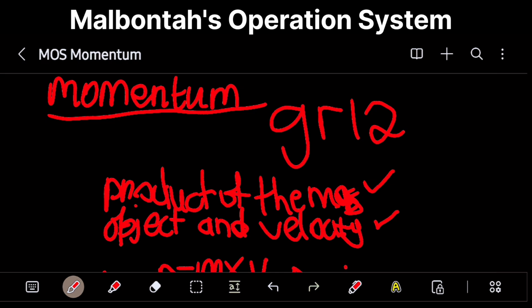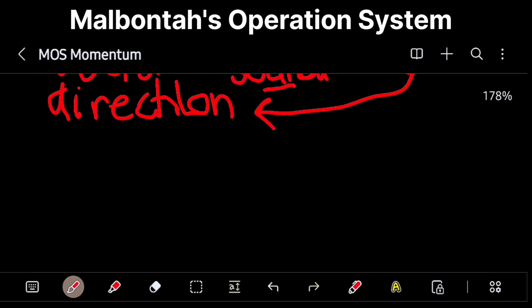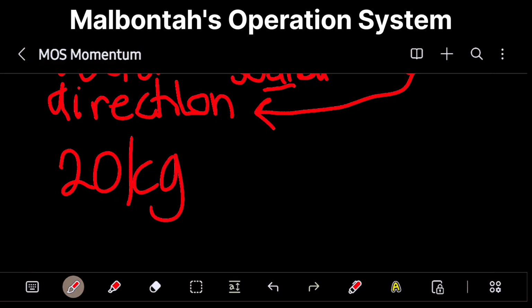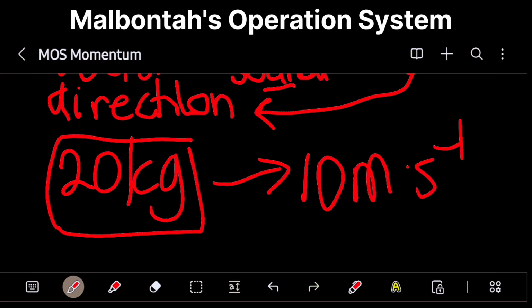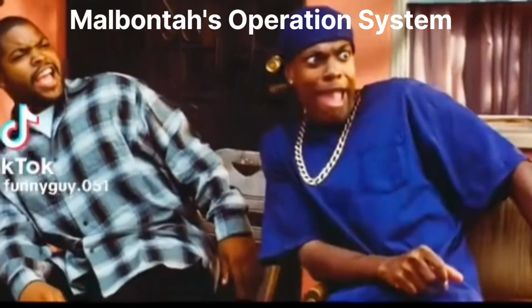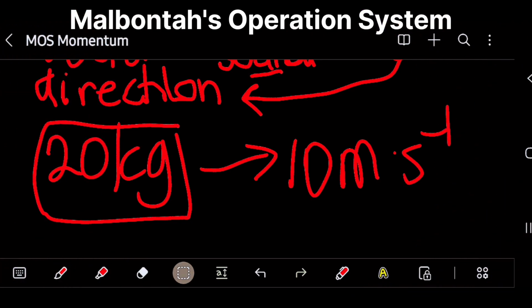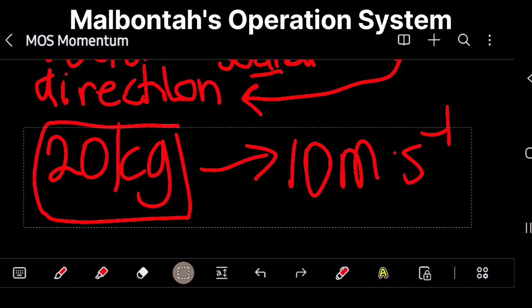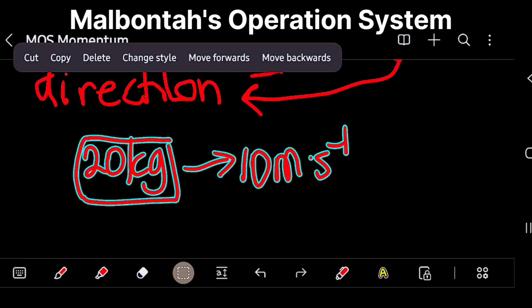So how can we calculate momentum? Let's consider a simple example like this one. A 20 kg block moves to the right with a velocity of 10 meters per second, as indicated in the diagram.